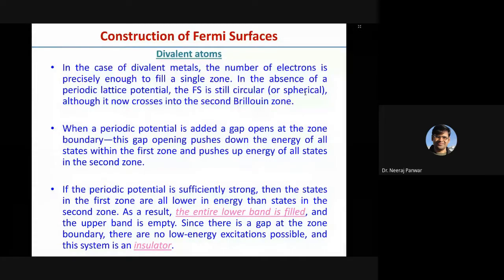In the case of divalent metals, the number of electrons is precisely enough to fill a single zone, meaning the first Brillouin zone. And in the absence of periodic potential, the Fermi surface is still circular or spherical, although it now crosses into the second Brillouin zone.